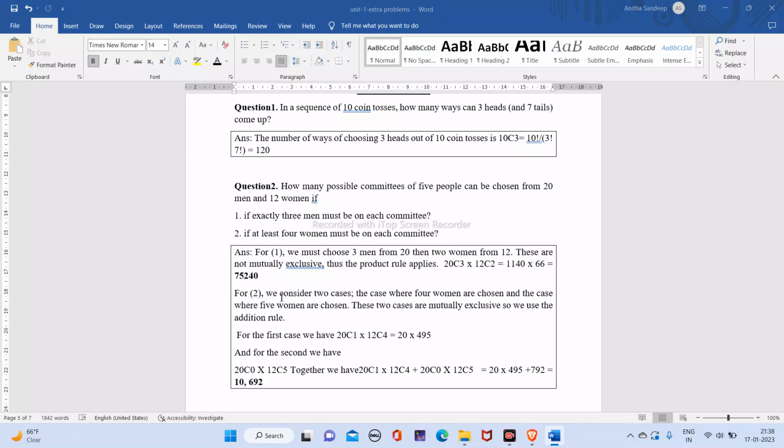For the second, at least 4 women means 12C4 multiplied by 20C1, or all 5 could be women, so it is 12C5 into 20C0. The sum of these two will be the final answer.